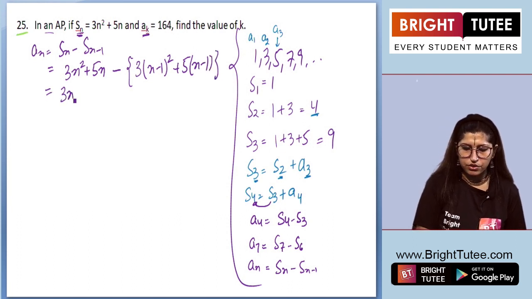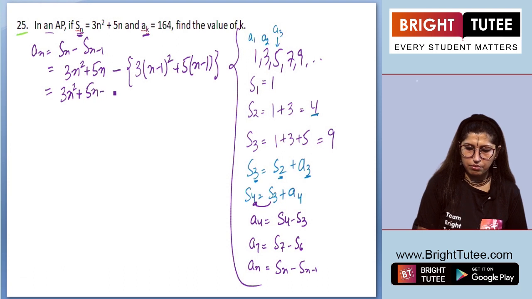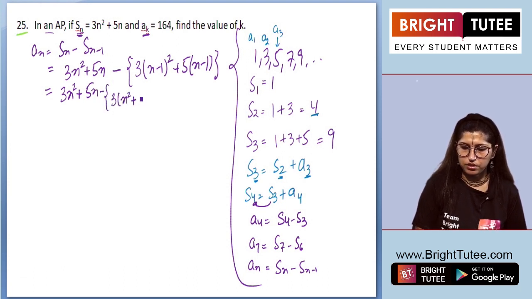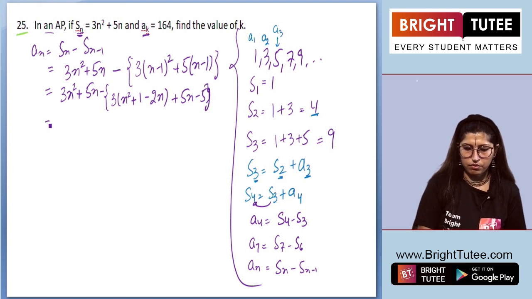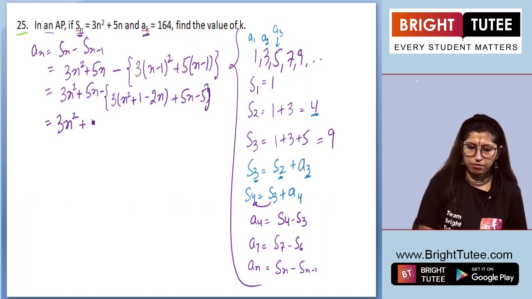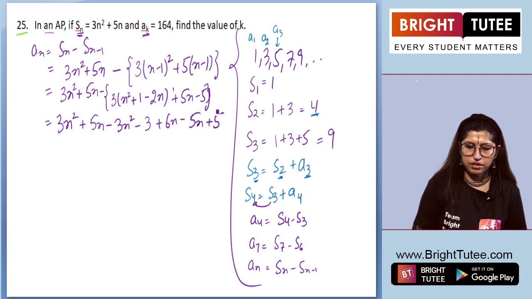Now what do we get? 3n square plus 5n minus 3 times n square plus 1 minus 2n plus 5n minus 5. So after solving this, we get 3n square plus 5n minus 3n square minus 3 plus 6n minus 5n plus 5.